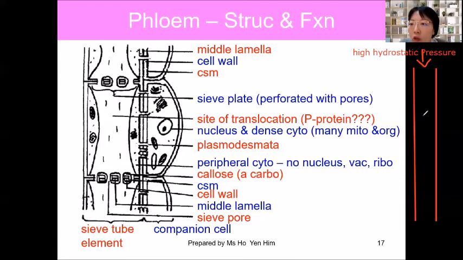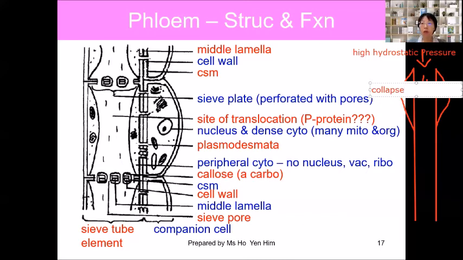So if the wall is not strong, right? If you push very strongly, you create the pushing force, right? The wall will actually stretch outwards if the wall is not strong. Can you see that? It will stretch outwards like this. So when it stretches outward, it's going to push against the rest of the cells, the neighboring cells. So we say that the wall may collapse outwards because of the high hydrostatic pressure.